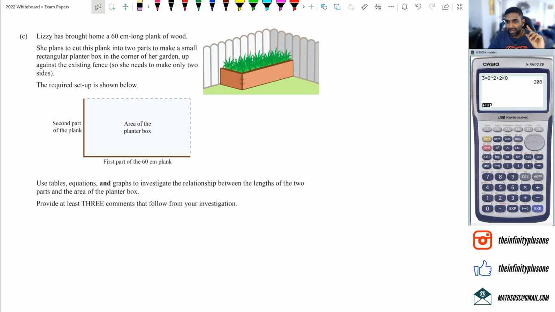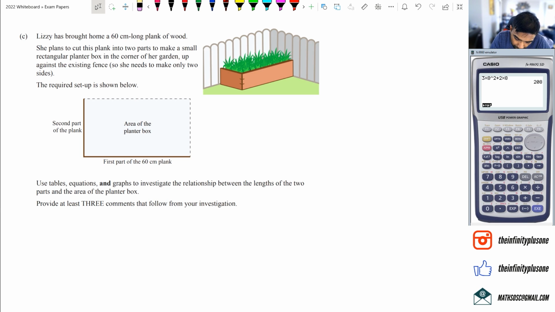All right, guys, so the last part of this last question is, again, one of these big questions with lots of things happening in it. I guess what we're asked to find is to investigate the relationship between the lengths of the two parts and the area. So the first thing to realize is that the fence, the planter box, is being put at the edge, right?